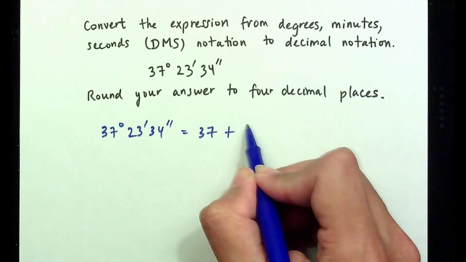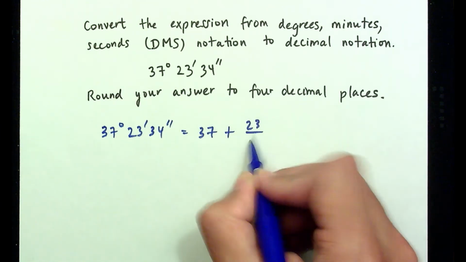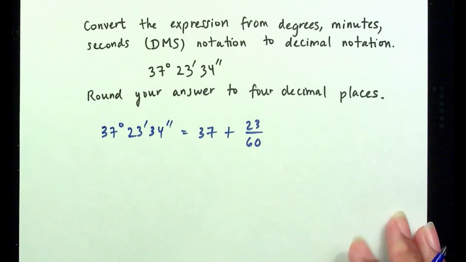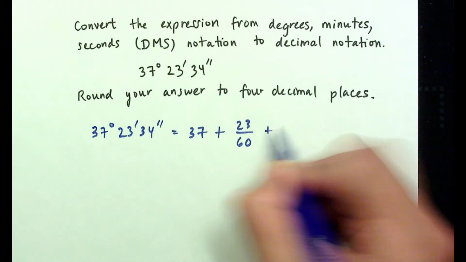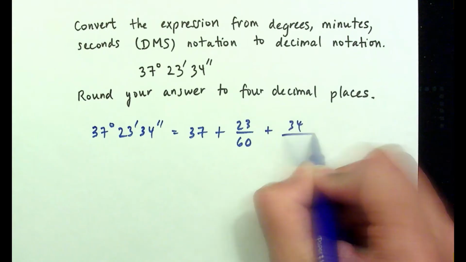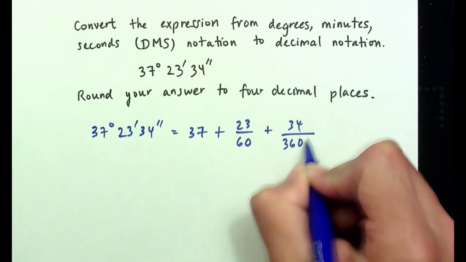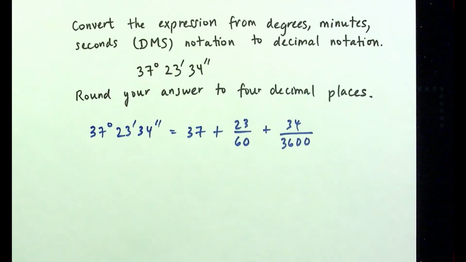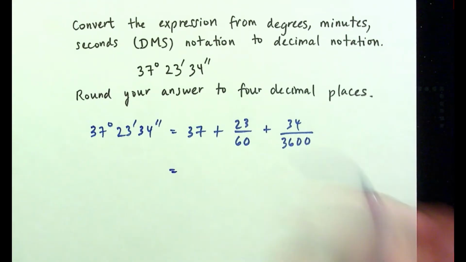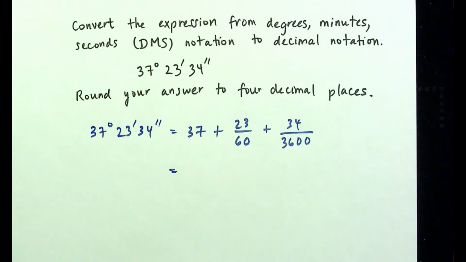To convert it to decimal, you have to divide by 60 because there are 60 minutes in an hour. And then 34, to convert it to decimal, you have to divide by 3600 because there are 3600 seconds in an hour. And then you enter all this in the calculator, and that's the answer.